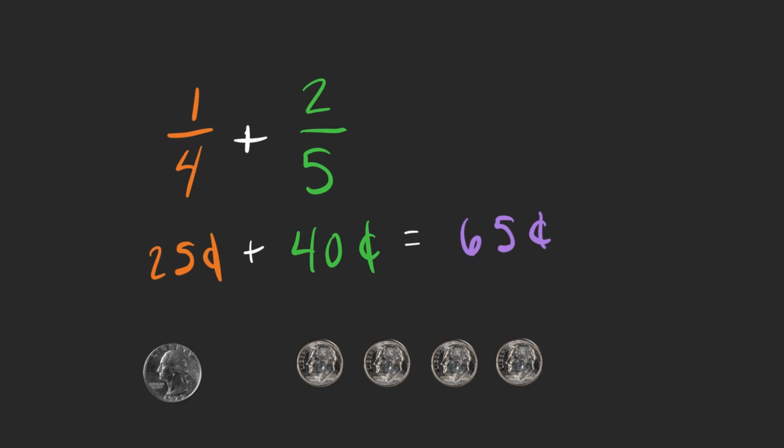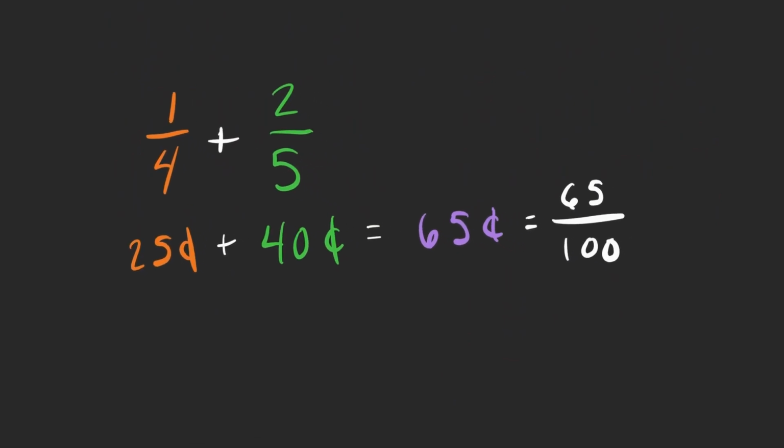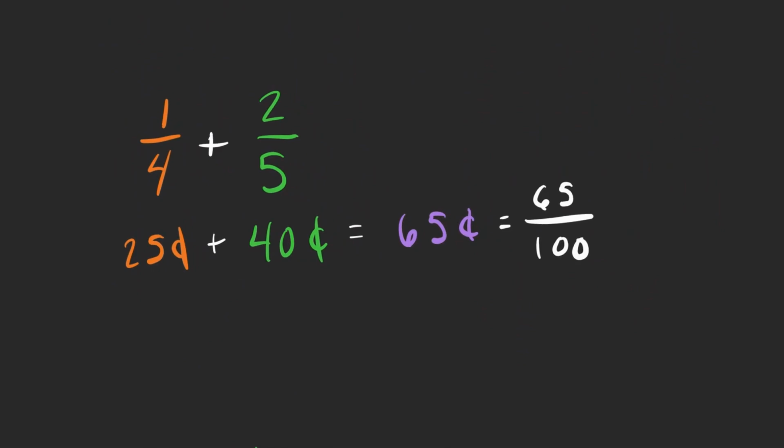Now remember, the money strategy is always out of 100. So 65 cents is going to be 65 over 100. And then you can reduce that, right? You can find common denominators, and you can reduce that and keep going.